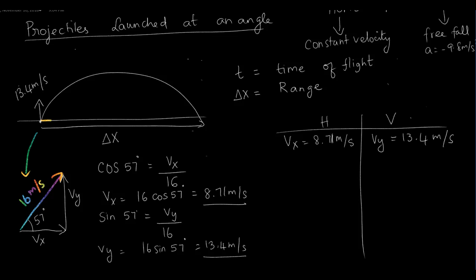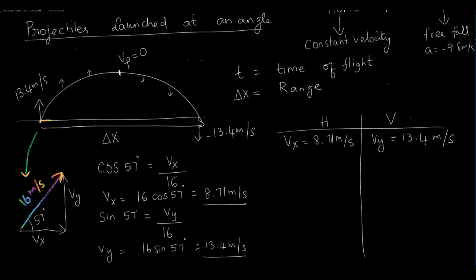But we know as it goes up, it slows down until at the topmost point, our velocity becomes 0. And then again, while coming back, it increases back to negative 13.4 because it's in the downward direction, right?